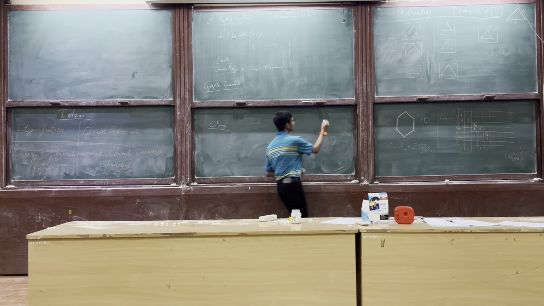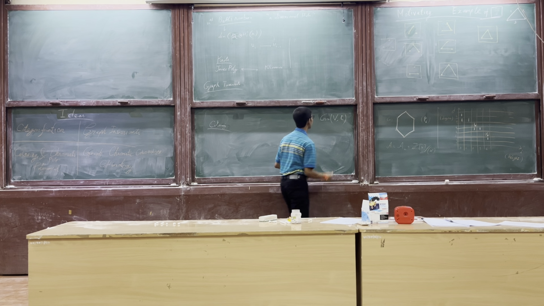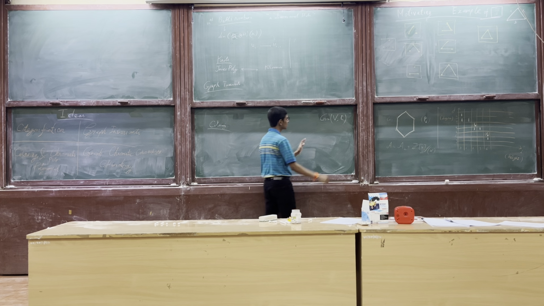Given a finite graph G, so G is (V, E), and for the rest of the talk, n will be the number of edges. A little bit of different convention.